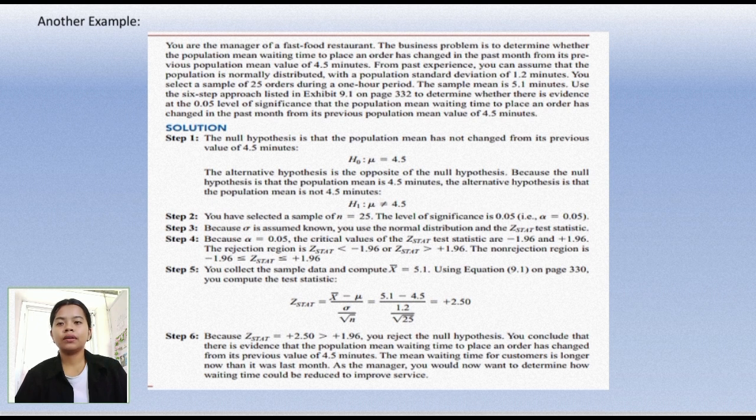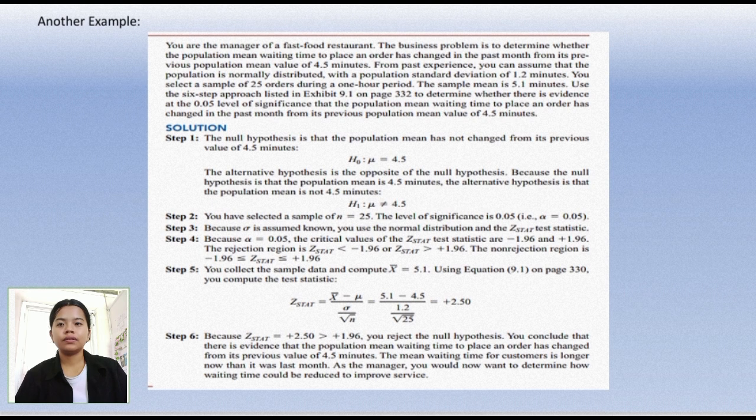Since our alpha is 0.05, the rejection region is less than negative 1.96 and greater than positive 1.96. Then the non-rejection region is between negative 1.96 and positive 1.96.